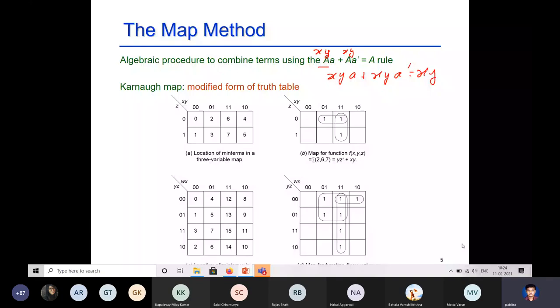Similarly, if you look at 2 and 3, they differ only in the z variable. So two adjacent cells should differ only in terms of one single variable. That's why we are using the gray code. Not only that, there is a cyclicity here.